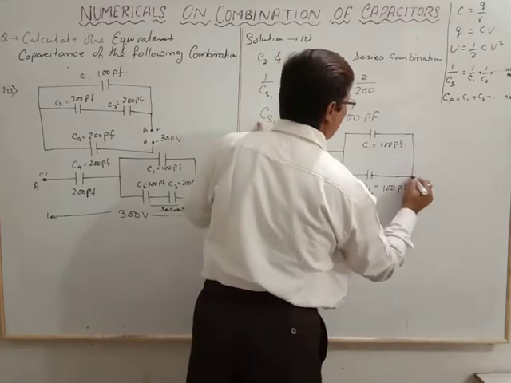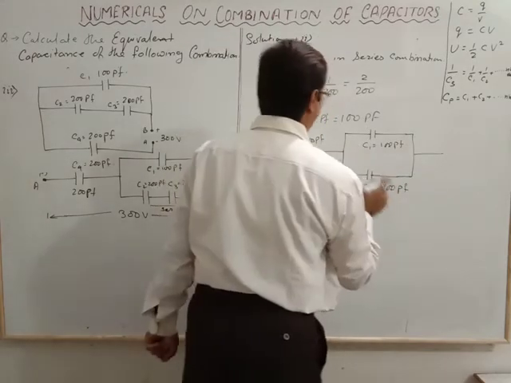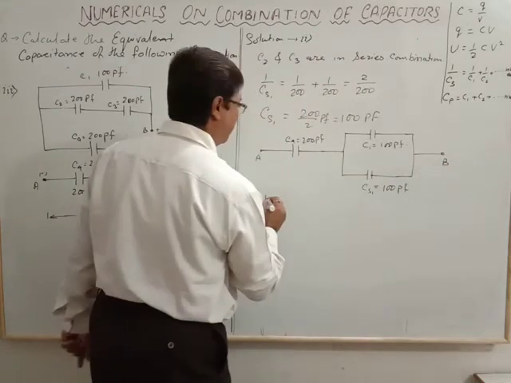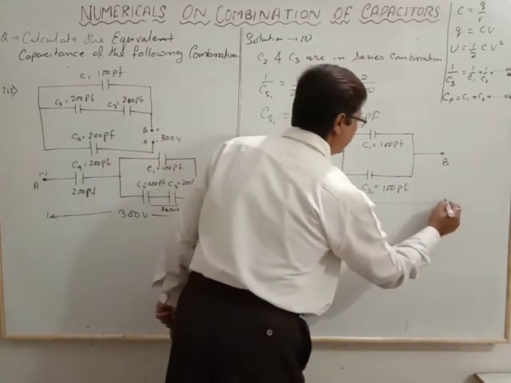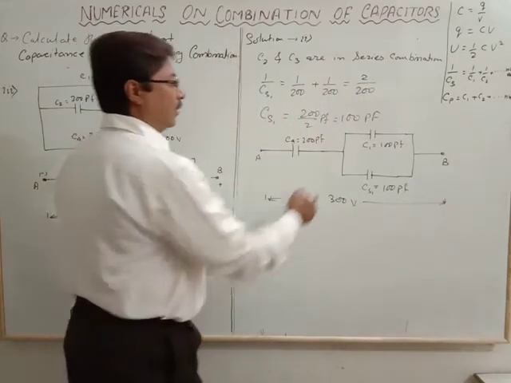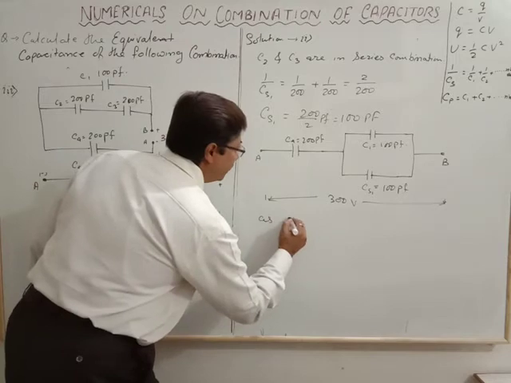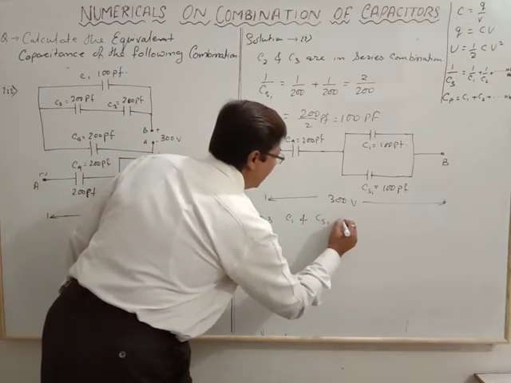So both C1 and CS1 are in parallel combination between A and B. The potential up to here is 300 volt. Now C1 and CS1 are parallel.